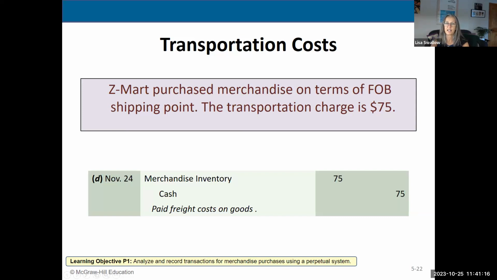Now the next thing I've got to figure out is, if I'm doing the books for Zmart, am I the buyer or the seller? I purchased merchandise terms FOB shipping point. That means I'm the buyer. I paid the freight. Therefore, I've got a debit to inventory for 75 bucks. It becomes part of the cost basis of my inventory.